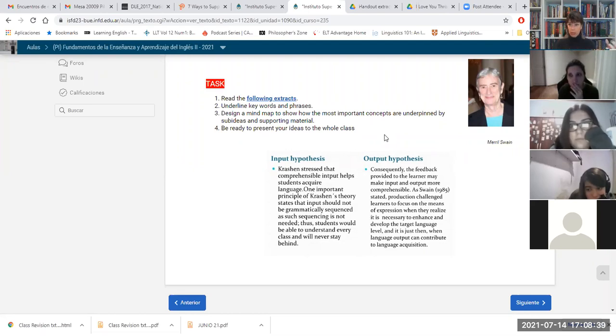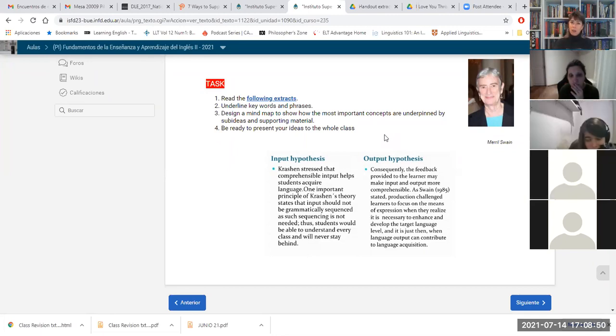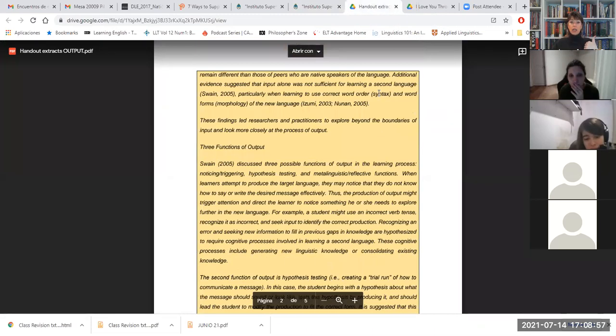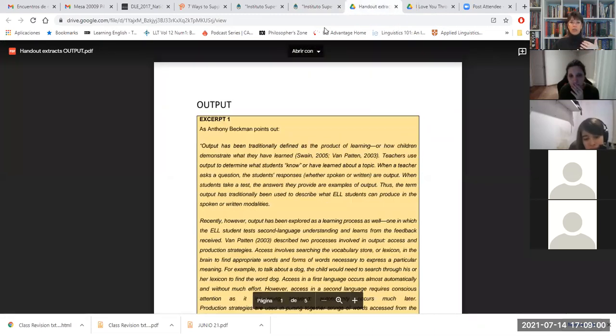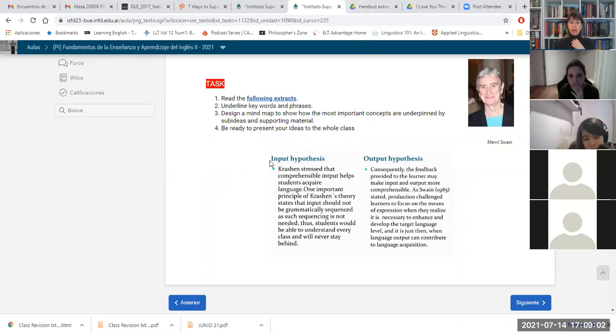Do you remember the input hypothesis and then the concept of output, the importance of output, okay? Input and output together. We need to balance the two concepts in our classes. So the idea is that you read the fragments, summarize them, try to complete them, and internalize and reformulate them with what you remember from previous years, right?